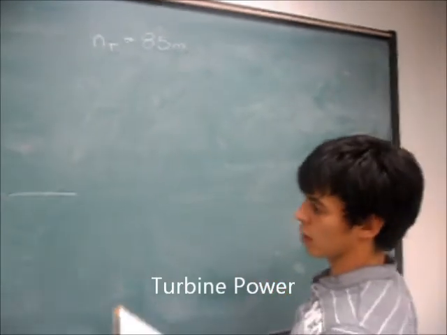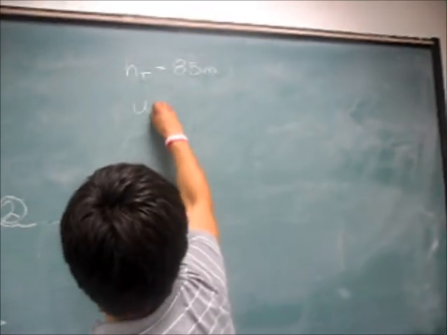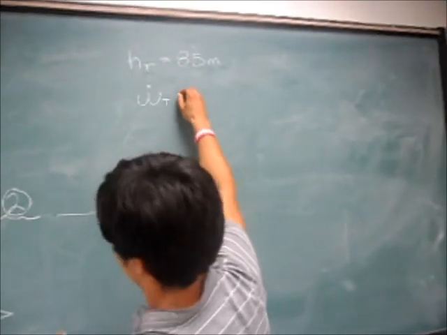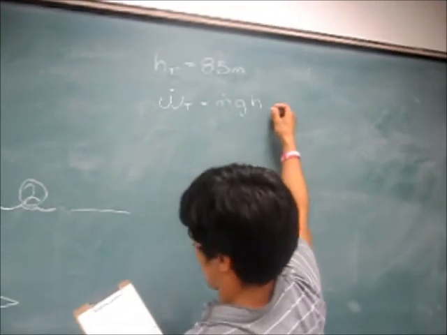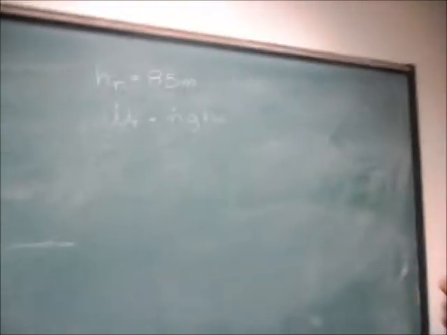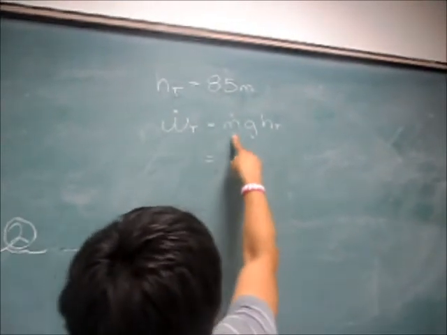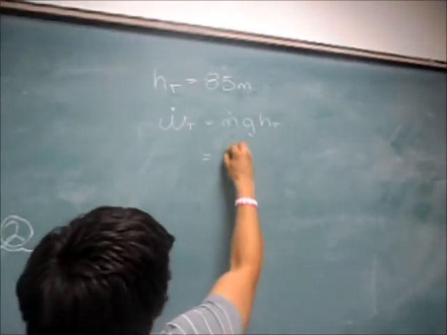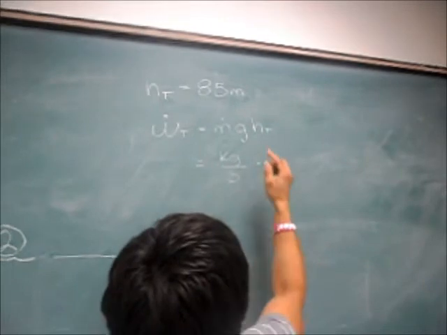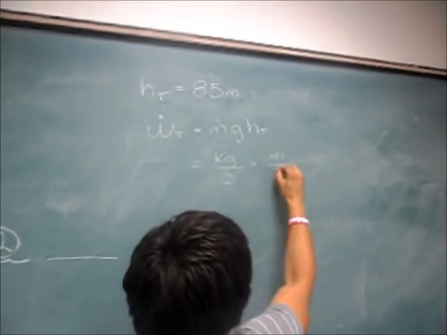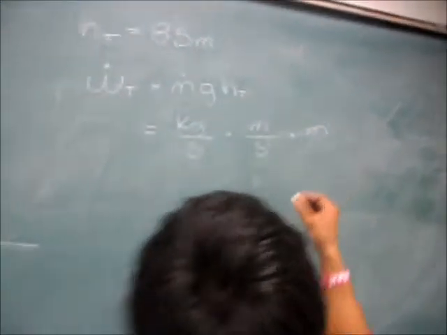Now with this information we can find our power in the turbine. We know the equation. First we're going to prove it with the units. We know that the mass flow rate is kilograms per second times gravity, which is meters per second squared, times the head, which is measured in meters.